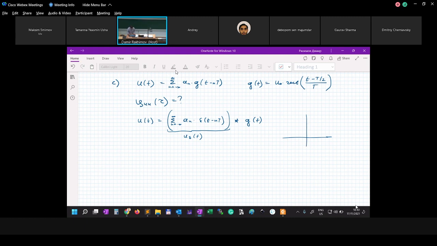Pulse shape function g, phi g tau. For a rectangular pulse, it goes from minus T over 2 to T over 2.